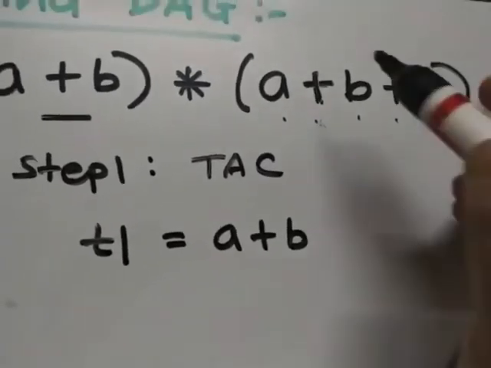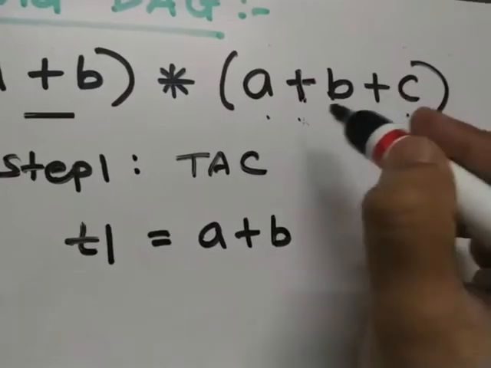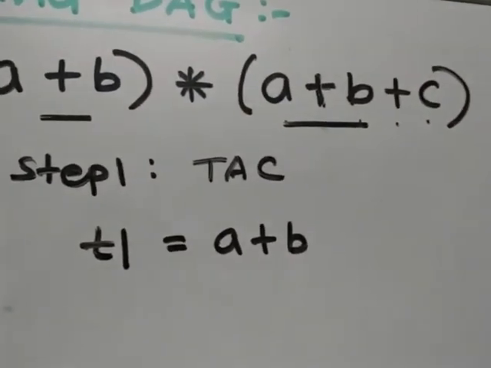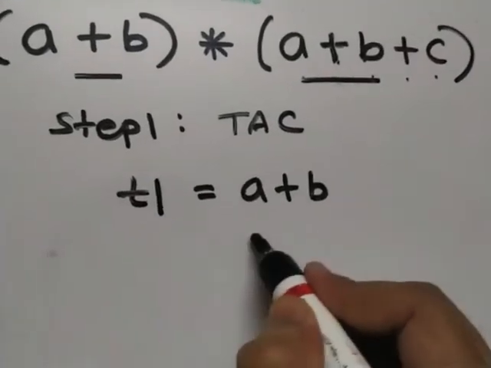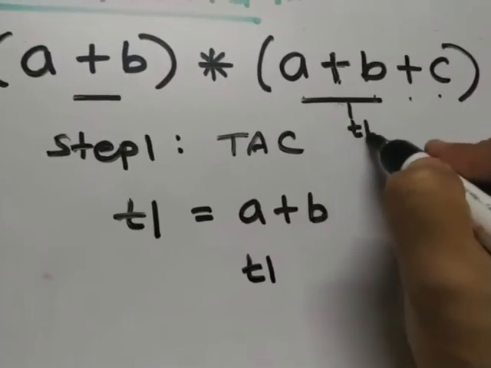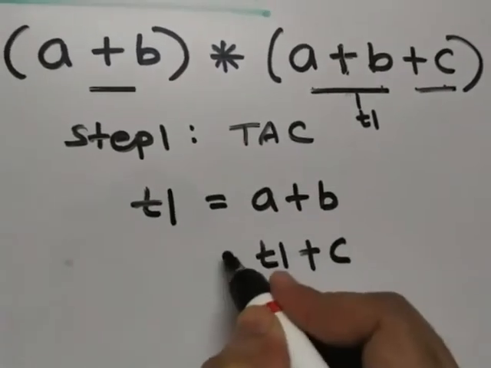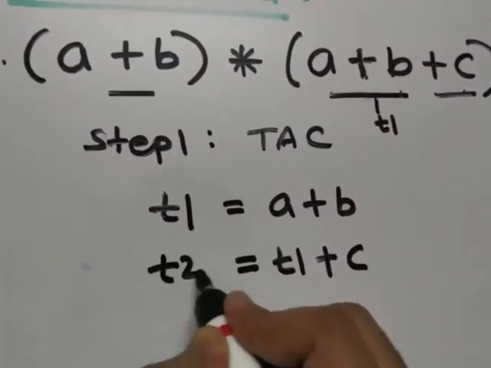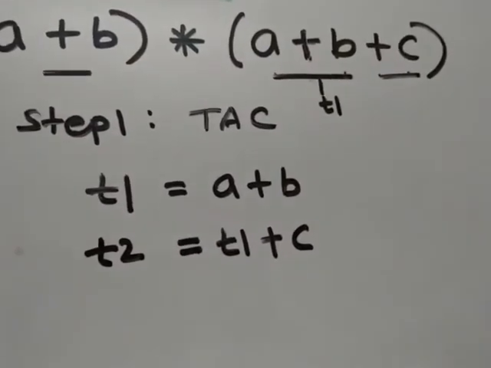So the leftmost plus has higher precedence than the rightmost plus. So first of all we will compute this result. a plus b is already denoted here, so we will make use of this. This will be replaced by t1 plus the remaining part, so t1 plus c, and I will assign this to the next temp variable, that is t2. In this way, this parenthesis will get resolved.